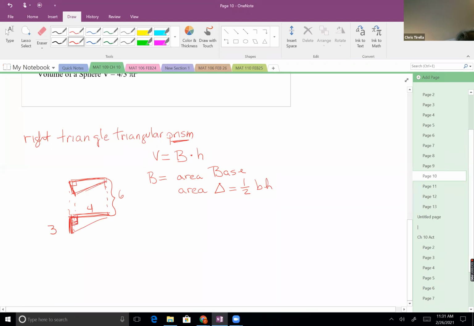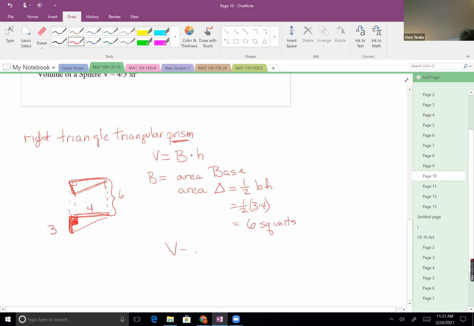And again, in a triangle, the base and height have to be perpendicular. They have to meet at that right angle. So that would be 1/2 of 3 times 4. So let's see, 3 times 4 is 12, half of 12 is 6. So the area of that base is 6 square units.